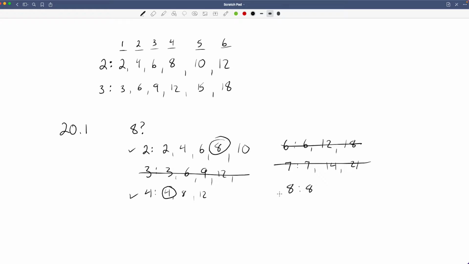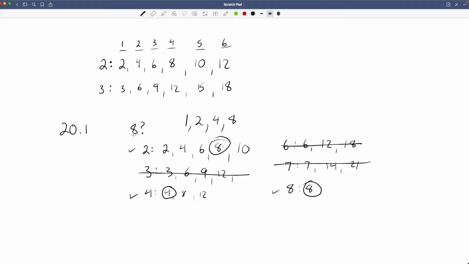So it is a multiple of 1 because everything is a multiple of 1, and I didn't want to waste our time with that. It is a multiple of 2. It is a multiple of 4. And it is a multiple of 8 because it is 8, right? Finding the multiples also gives you the factors.